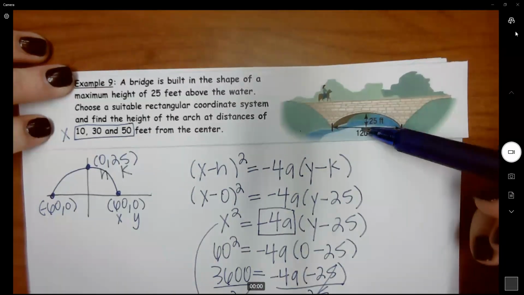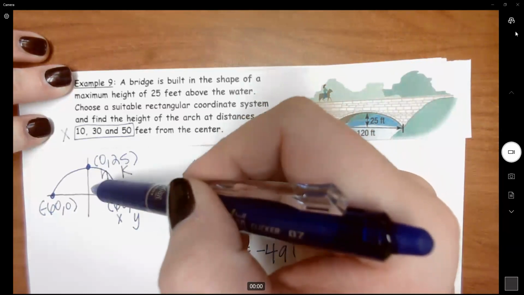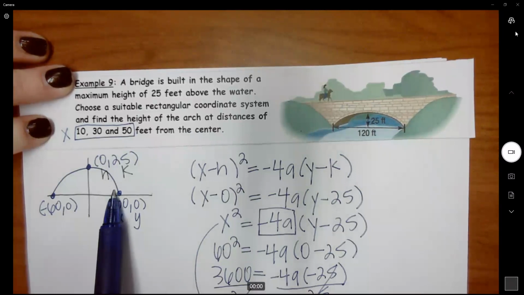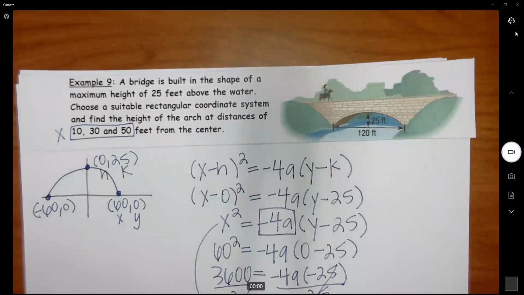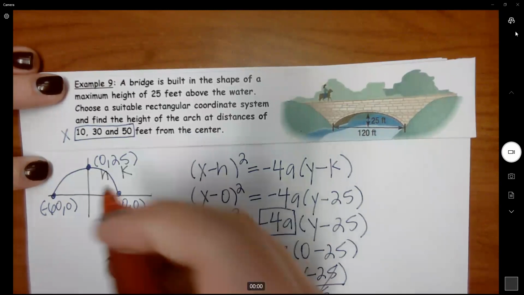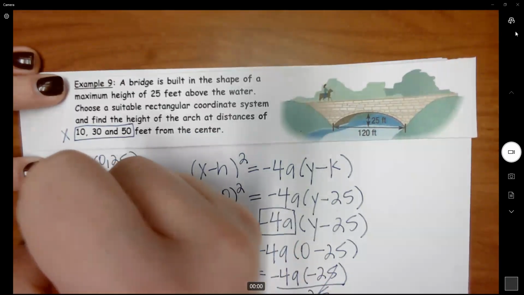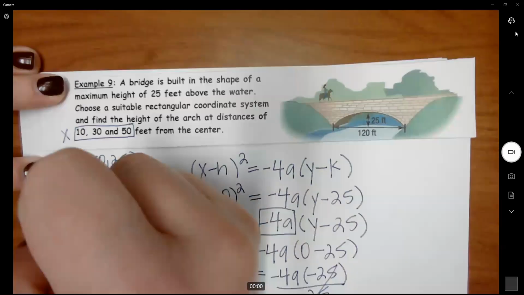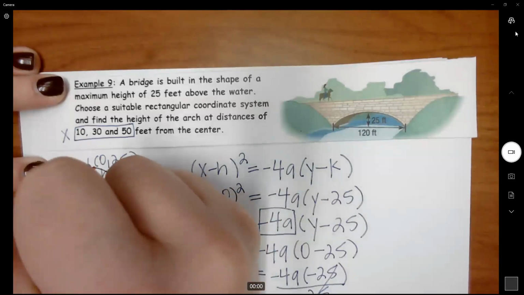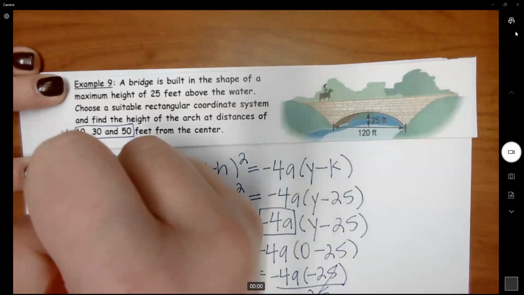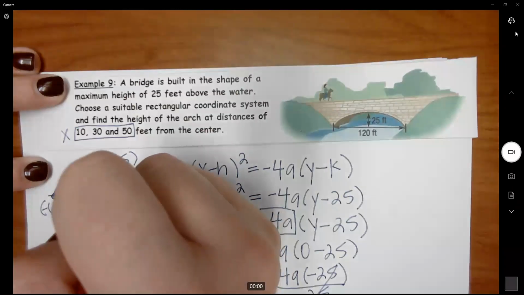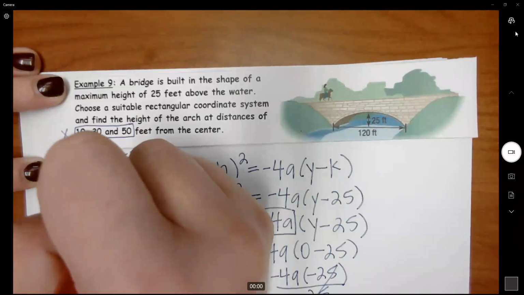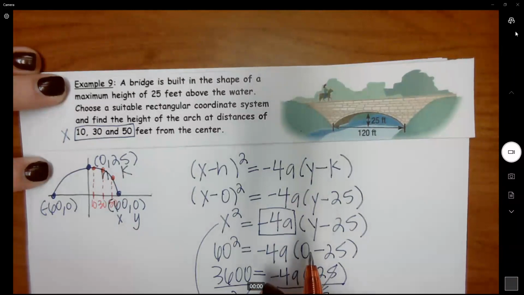Find the height. So my height is my y at distances. We're going distances out, distances of 10, 30, and 50. So you're wanting to see when I go out 10, what is that height? When I come out halfway to 30, what is that y? When I come almost to the end of here at 50, what is my y?